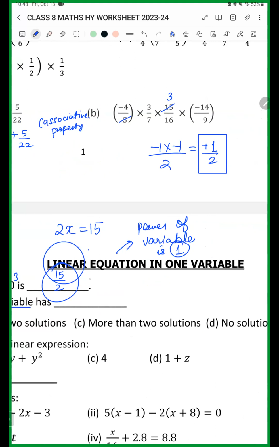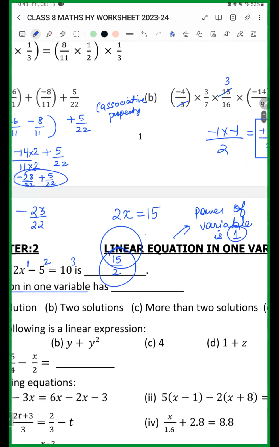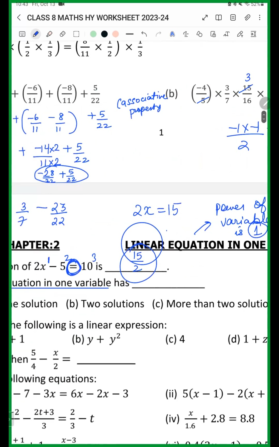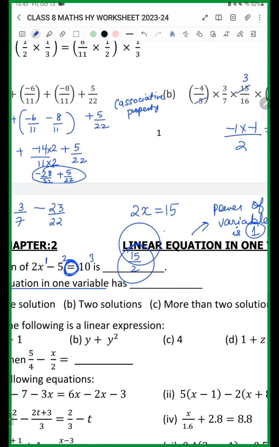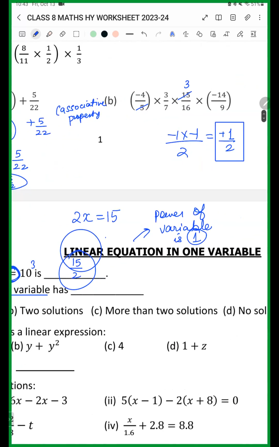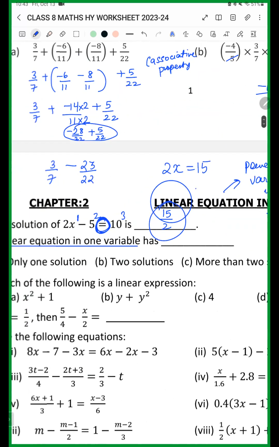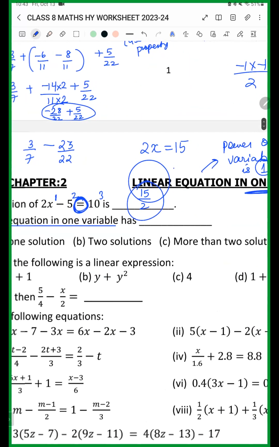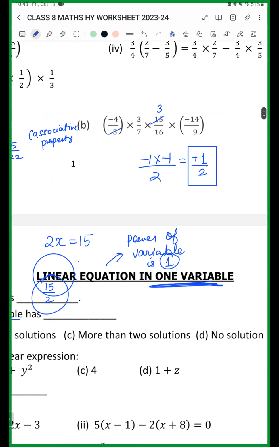Now, what is the meaning of equation? Equation means some expression which has an equal to sign in it. That is the meaning of equation in one variable. For example, if you have x plus y is equal to 5, this is linear, yes, because the variable power is 1, right? x to the power 1, y to the power 1.